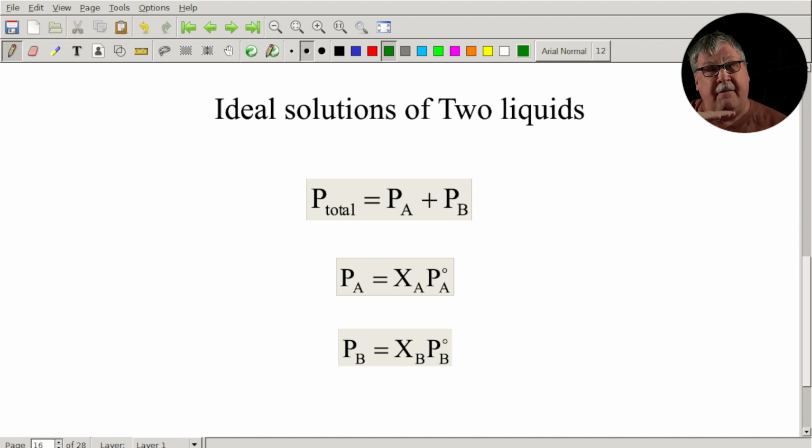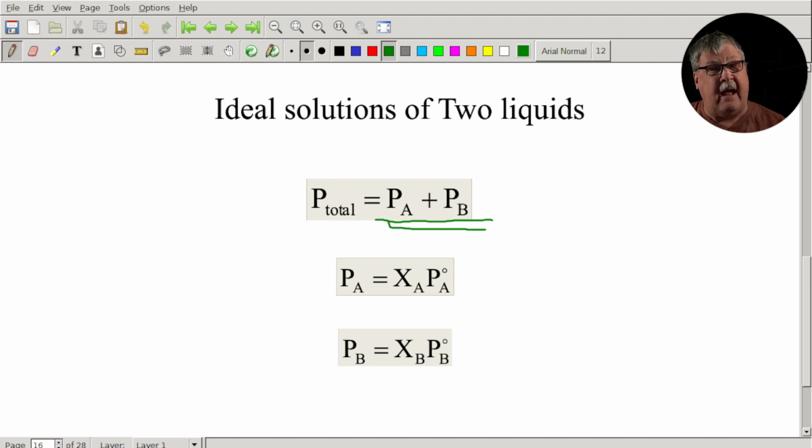All right, so if I have two liquids, then both liquids are going to contribute to the total vapor pressure over the solution. So the total vapor pressure over the solution is going to be the sum of the two liquid vapor pressures. And assuming Raoult's law, we can calculate the vapor pressure of each of those components by knowing the mole fraction.